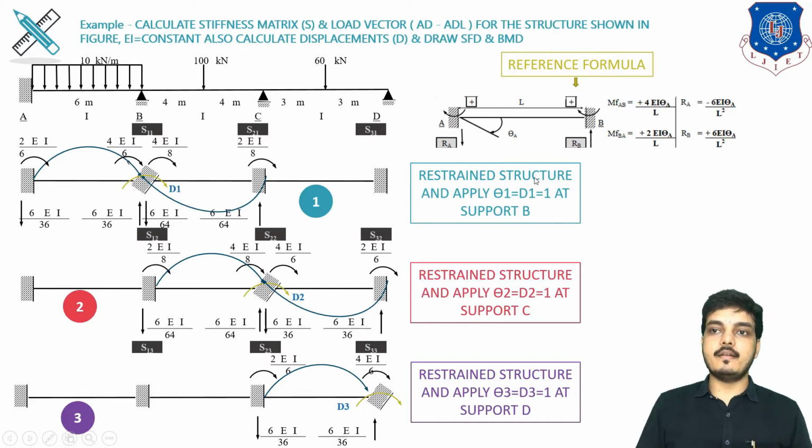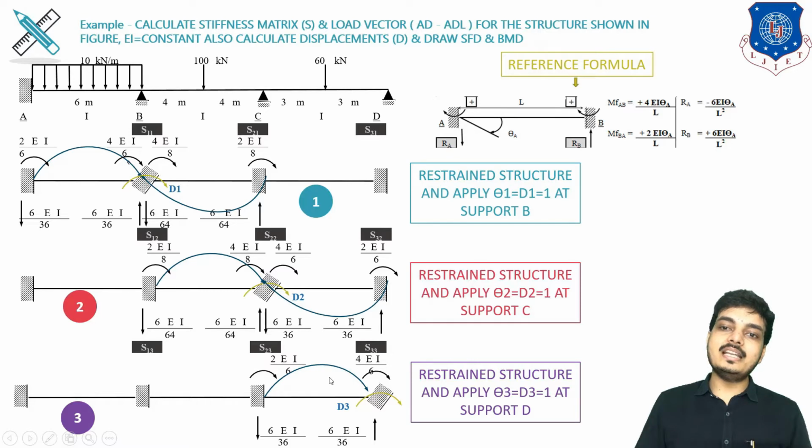Now this is a similar process to what we did in the first step. In the first step we applied theta 1 equals to D1 equals to 1. In the second step we applied theta 2 equals to D2 equals to 1 at support C. Similarly we will apply theta 3 equals to D3 equals to 1 at support D. So you can see that over here I have applied D3 equals to 1.